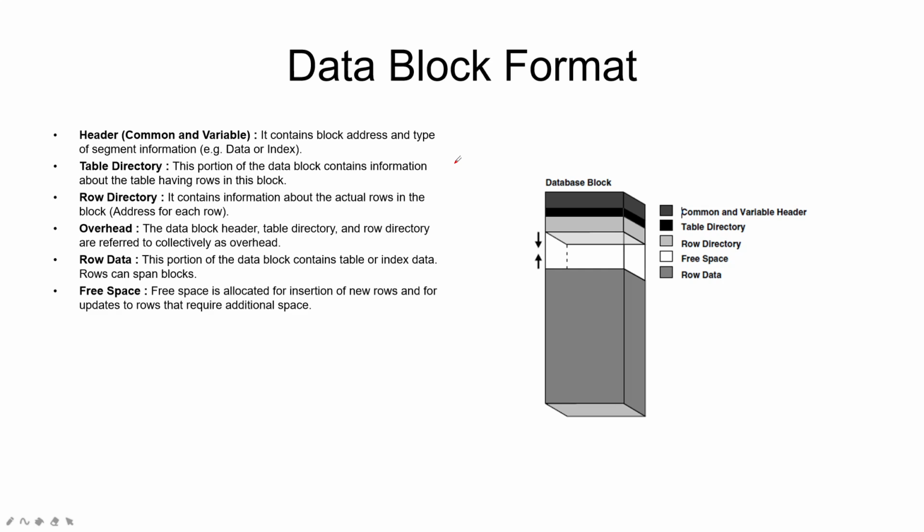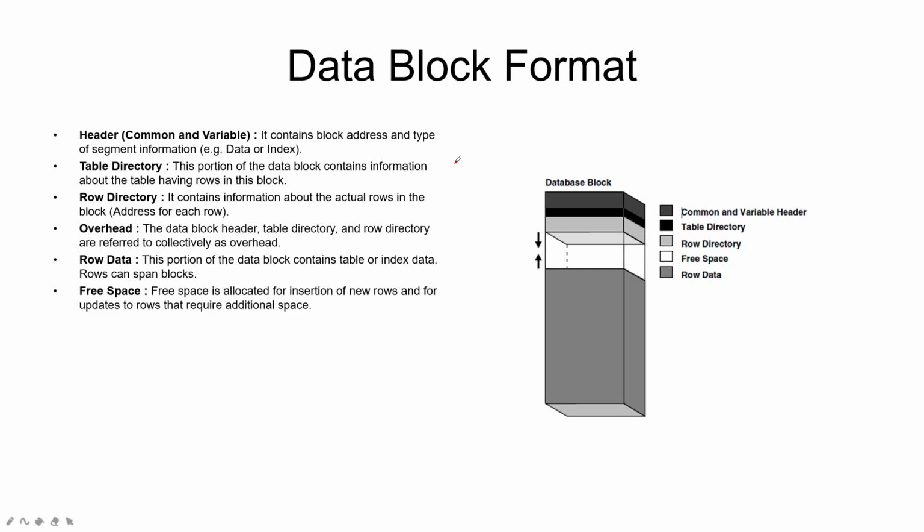After the space is allocated in the row directory, this space is not reclaimed until the row is deleted. Oracle will reuse that space once a new row is getting inserted. So this is what the row directory is all about.